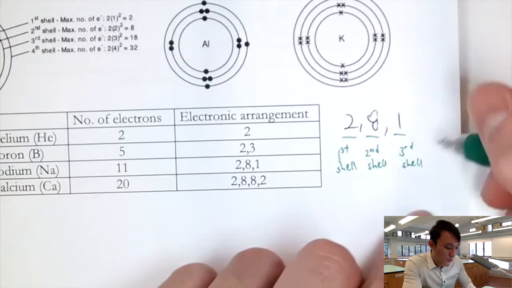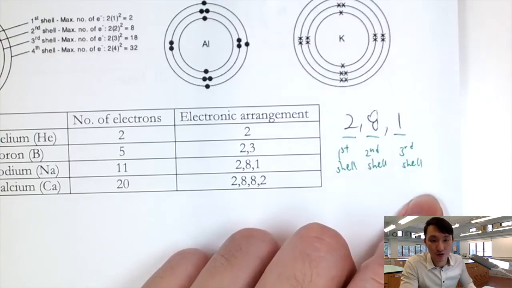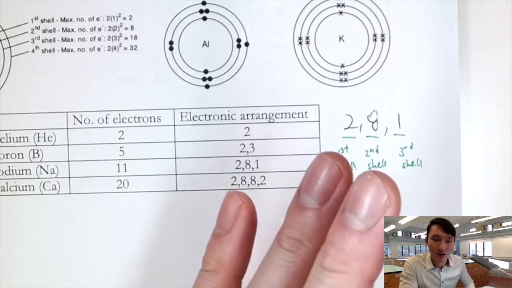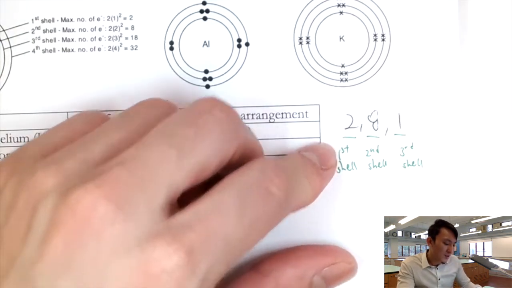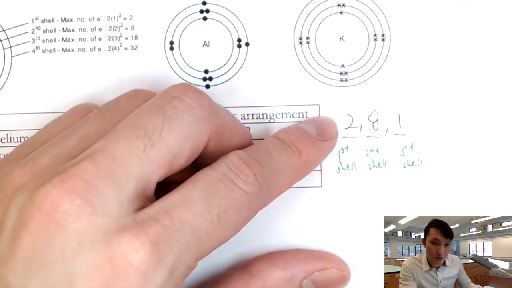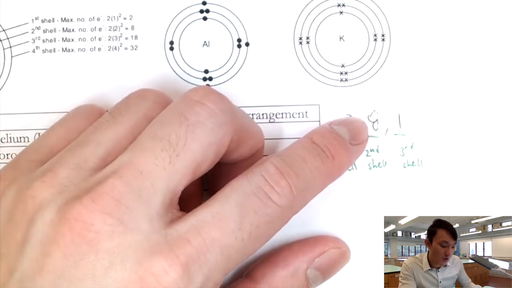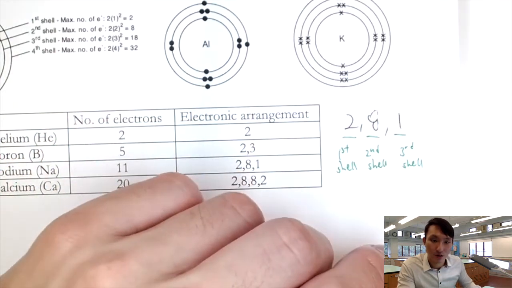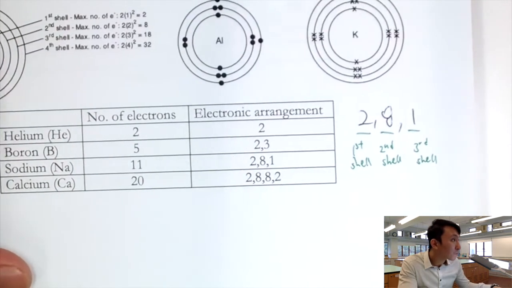Now, do we have to put down comma 0 for the fourth shell? We don't have to because there are no electrons there. So we're only concerned about the occupied electron shells. So here, that means we have 2 electrons on the first shell, 8 electrons on the second shell, and 1 electron on the third shell. So that's the idea. Okay.